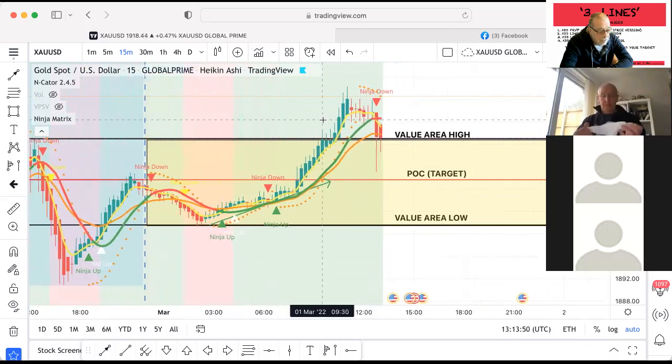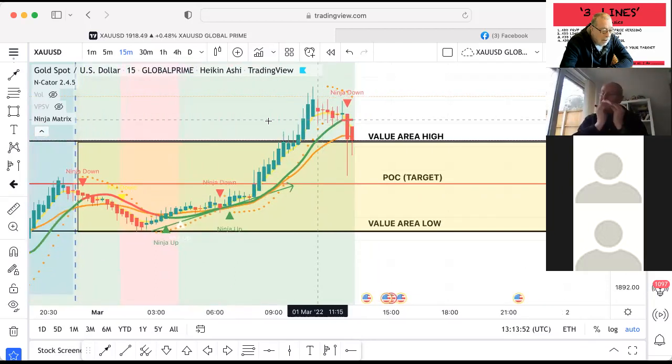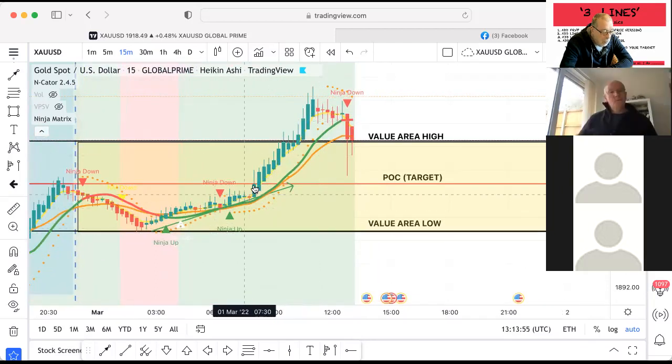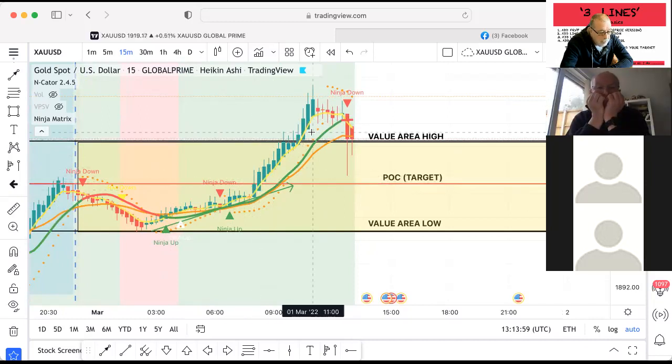I haven't got any statistics to prove it, but I've noticed that it would often continue beyond the target and go up to the value area high.